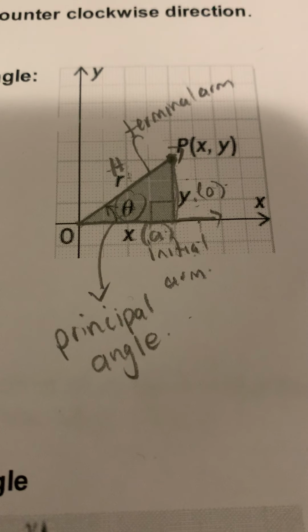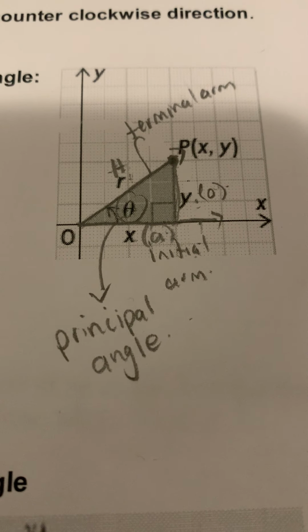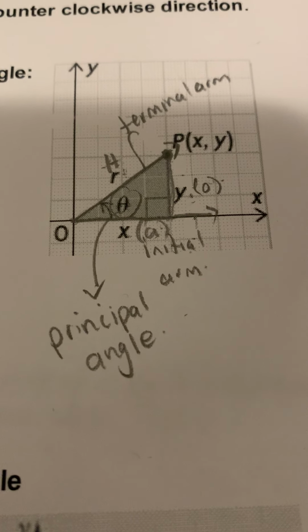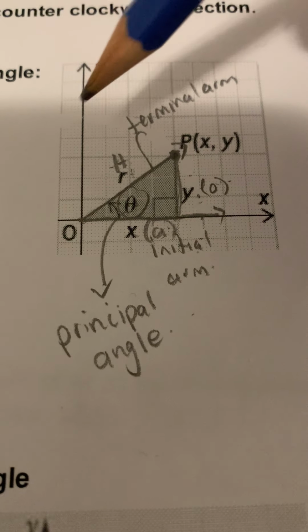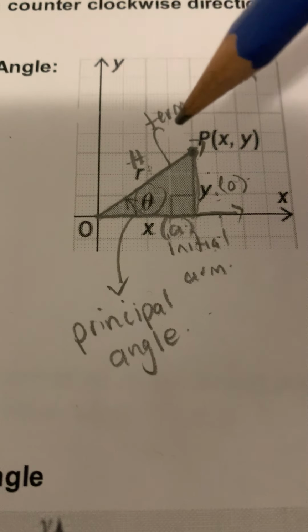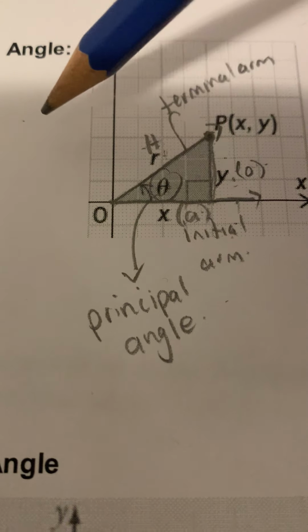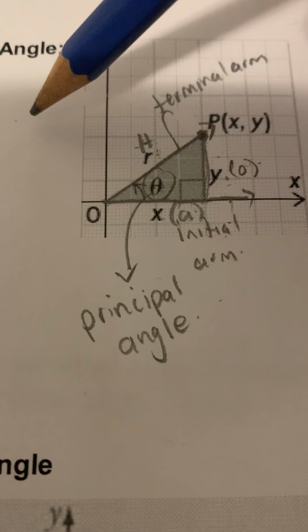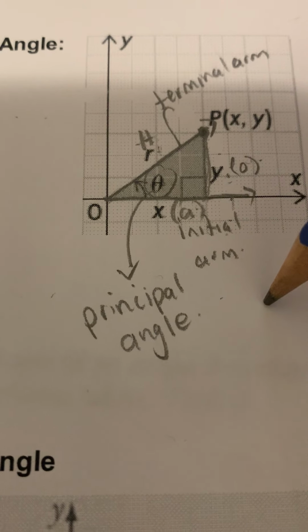In 5.3, I introduced the related acute angle. And the related acute angle is between the terminal arm and the x-axis. Okay, so we'll look at the related acute angle, but only in quadrants 2, 3, and 4.